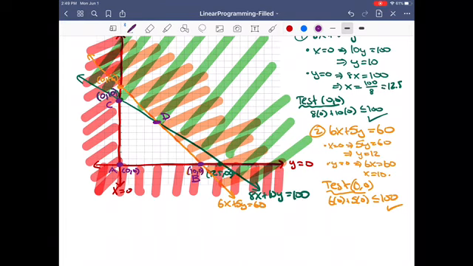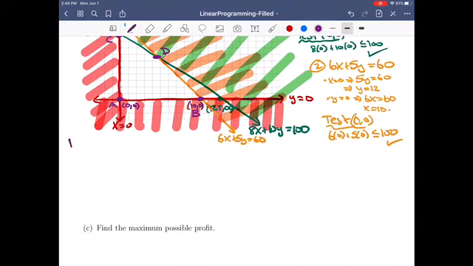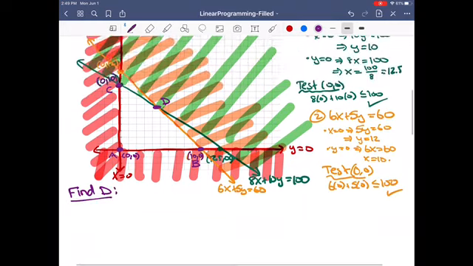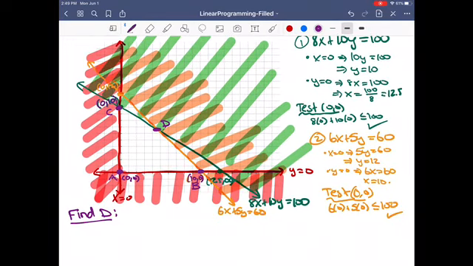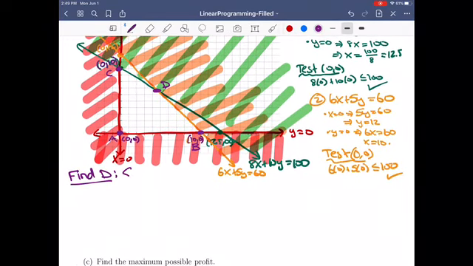Okay, so we want to find corner point D. So it's going to be the solution of 8x plus 10y equals 100, and 6x plus 5y equals 60. Okay, so I'm going to take this one. Maybe we'll solve for y.